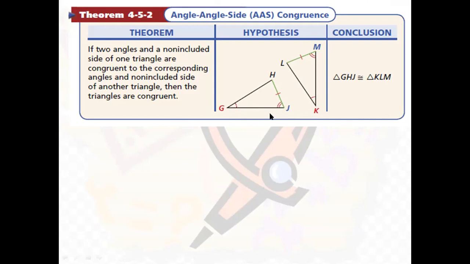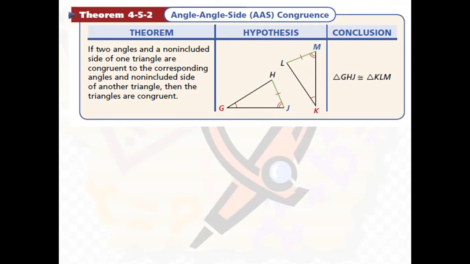The opposite of that is non-included, which means it can be GH or HG. It can be any. The angle angle side theorem says that if two angles and a non-included side of a triangle are congruent to those of another triangle, then both the triangles are congruent.